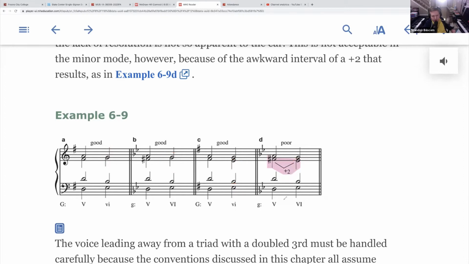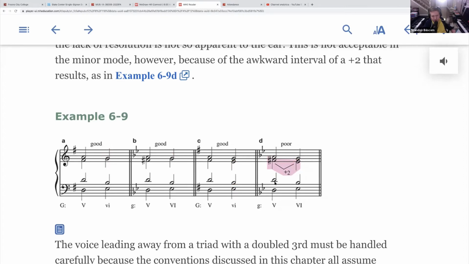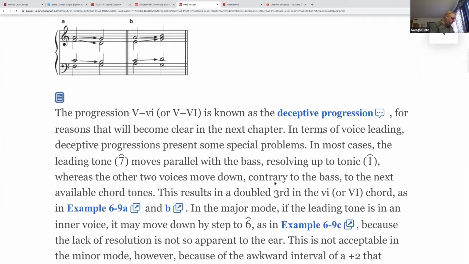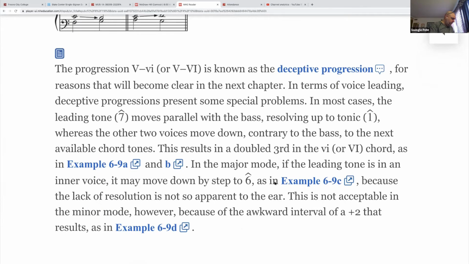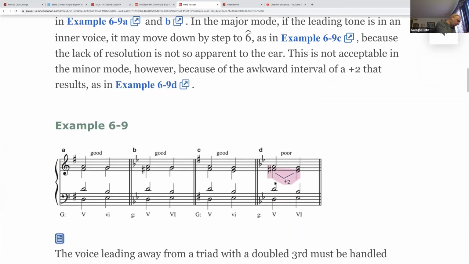I'm going to go with that. So no doubling the root in a major 5, major 6 in minor. Okay. You can do it perfectly fine in major like they did in C. They doubled the root. But if you do it in minor, you get the augmented second. We all right with that? Questions?